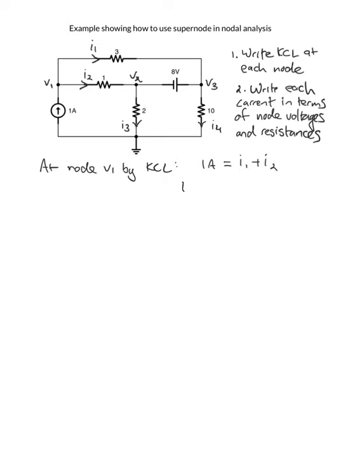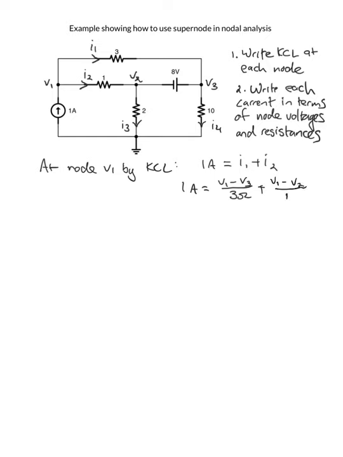So 1 amp is equal to (V1 minus V3) divided by 3 ohms plus, and we can see here that I2 is flowing from V1 to V2 through the 1 ohm resistor, so it's equal to plus (V1 minus V2) divided by 1.